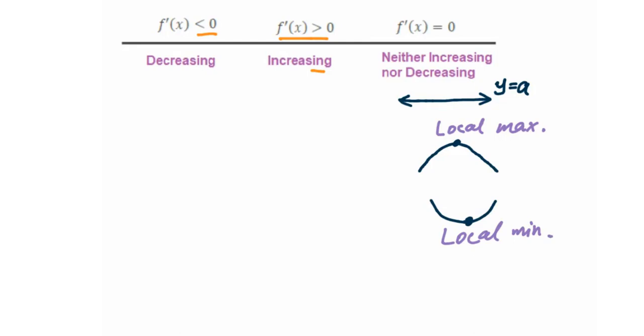Or when you have what we call a stationary inflection point, like this point. Or the graph something like this point. We call this a stationary inflection point.